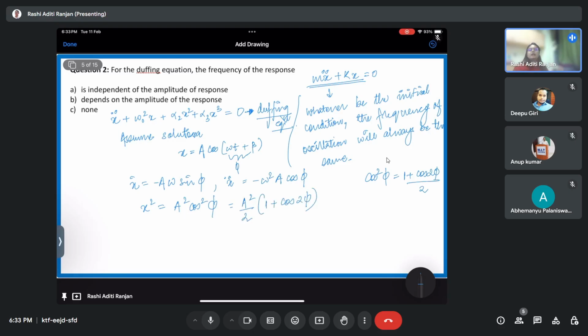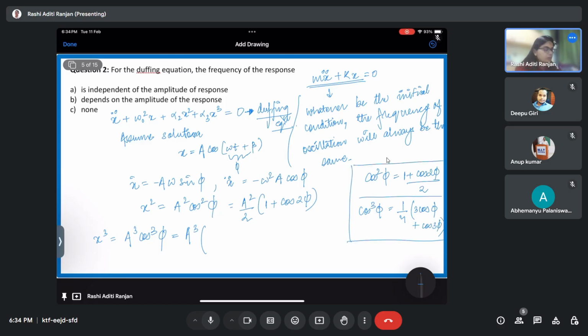Okay. Similarly, I have to evaluate x cube also. Now again, I'll use trigonometry, which says cos cube phi is nothing but 1 by 4 times (3 cos phi plus cos 3 phi). Again, this I can use and I'll put it here.